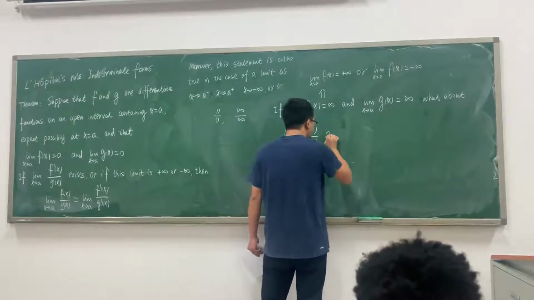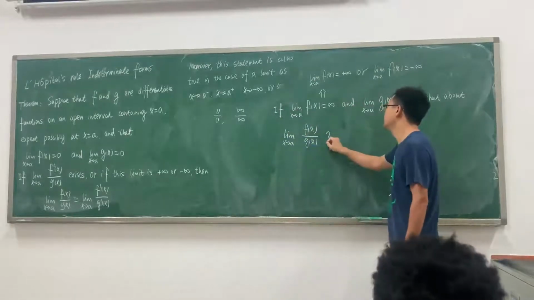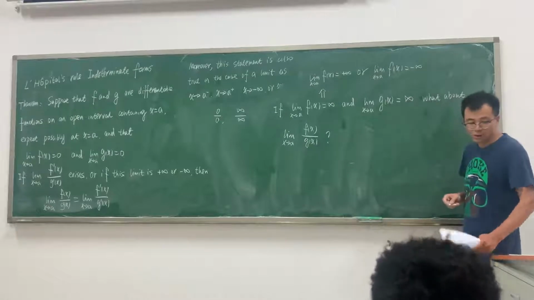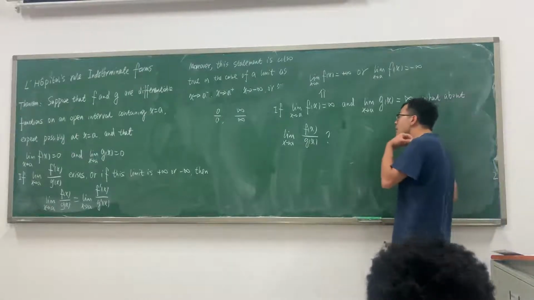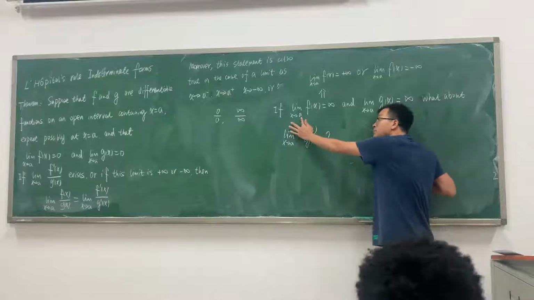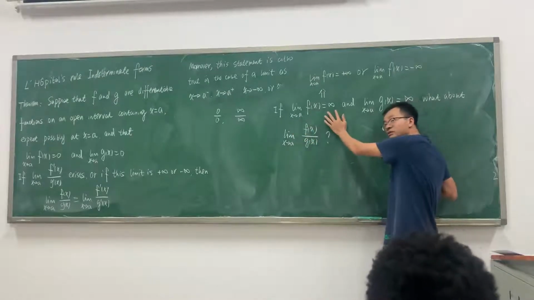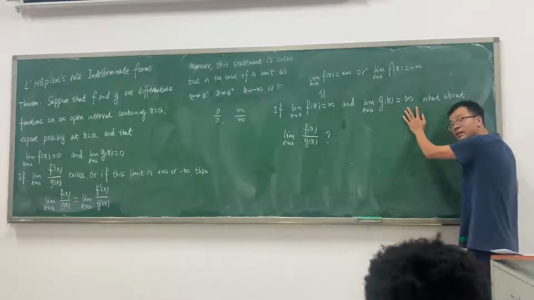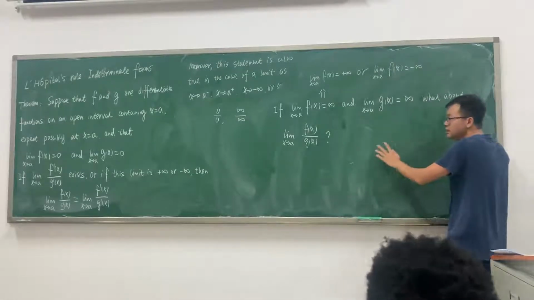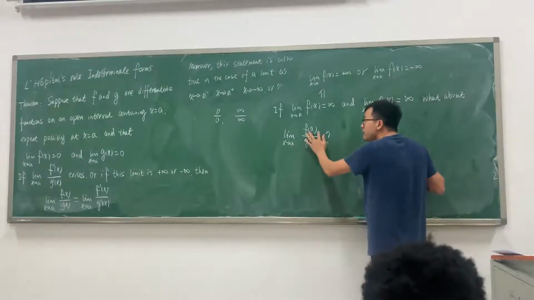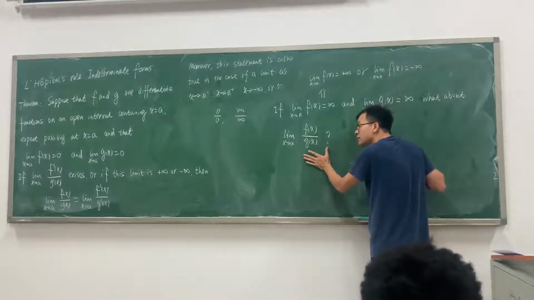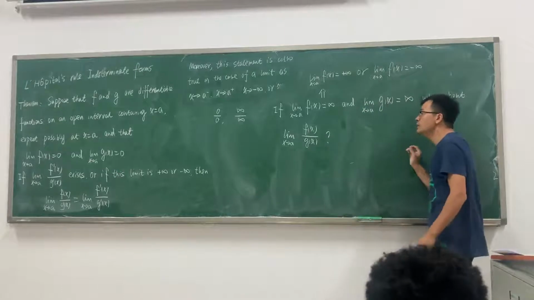So what about this limit? Here the question is f(x) approaches infinity, g(x) approaches infinity. So what about the limit of f(x) by g(x)? What about this limit?